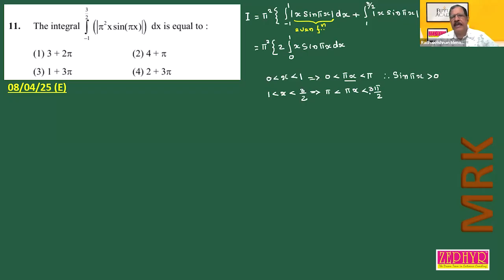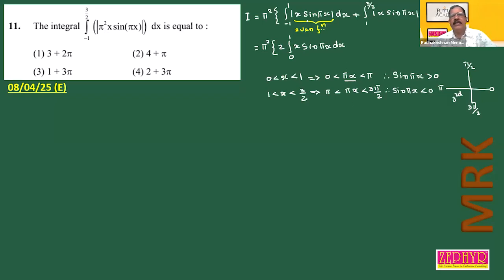In between pi and 3 pi by 2. So it's like this: 0, pi by 2, pi, 3 pi by 2. So third quadrant. In between pi and 3 pi by 2, pi x is lying. Therefore, sine pi x is less than 0. Okay.